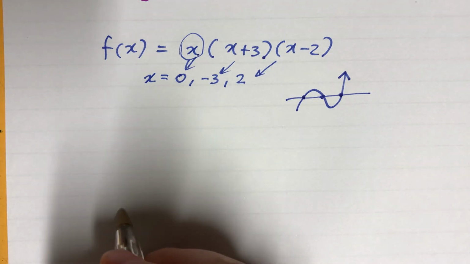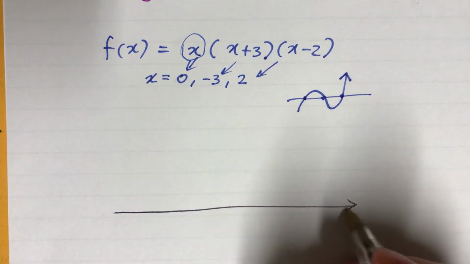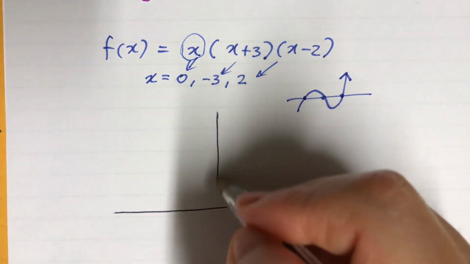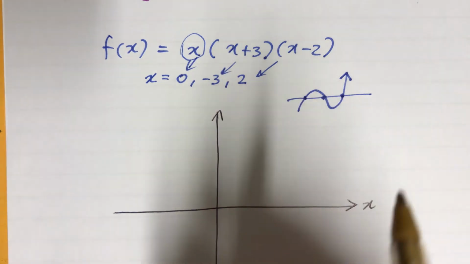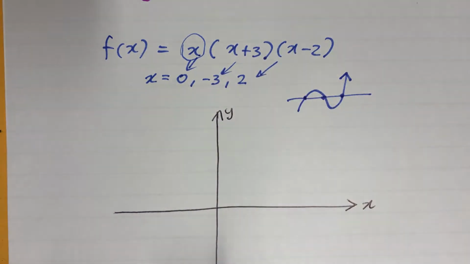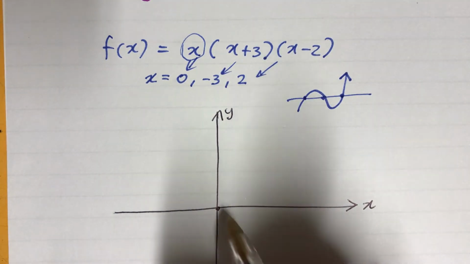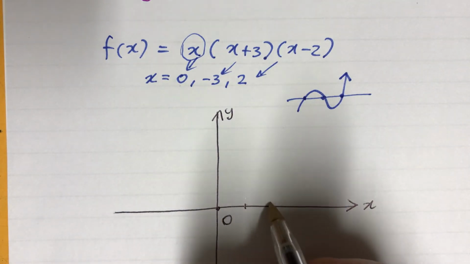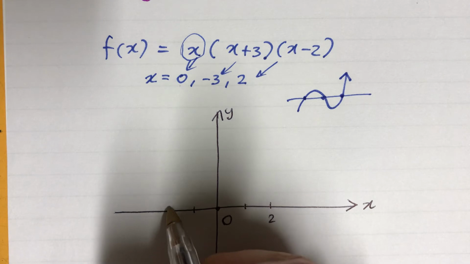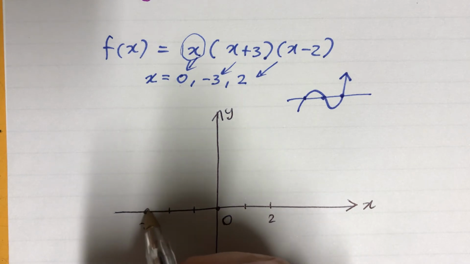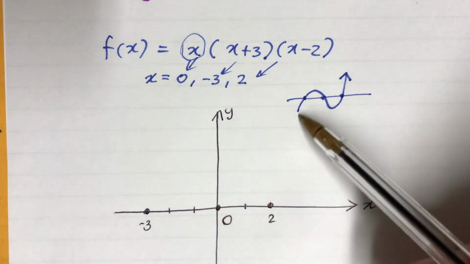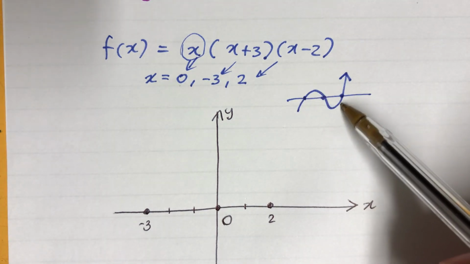So I'm going to go roughly. Again, I'm doing it roughly, you do it in detail, okay, using a ruler, pencil if you need to, all these things. So I'm going to go, it's going through 0, and it's going to 2, and it's going to the negative 3. So these are my x-intercepts, okay, and I have to make this look like that.